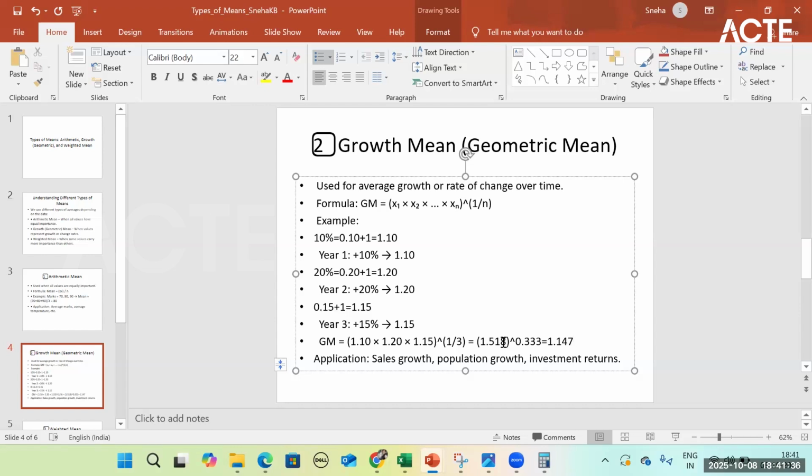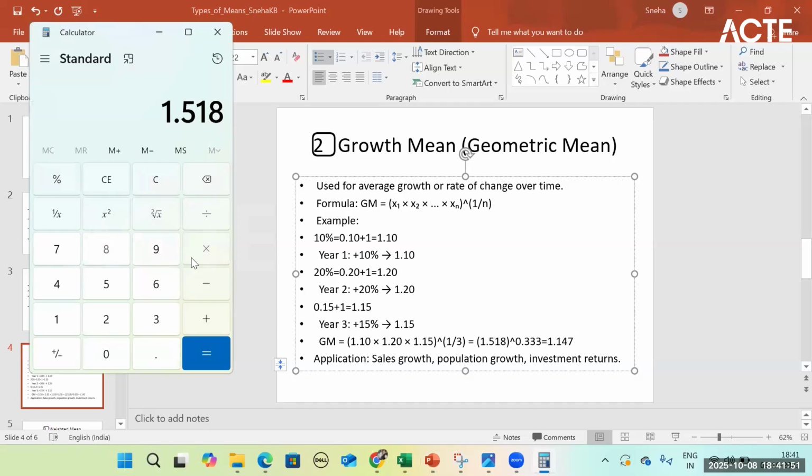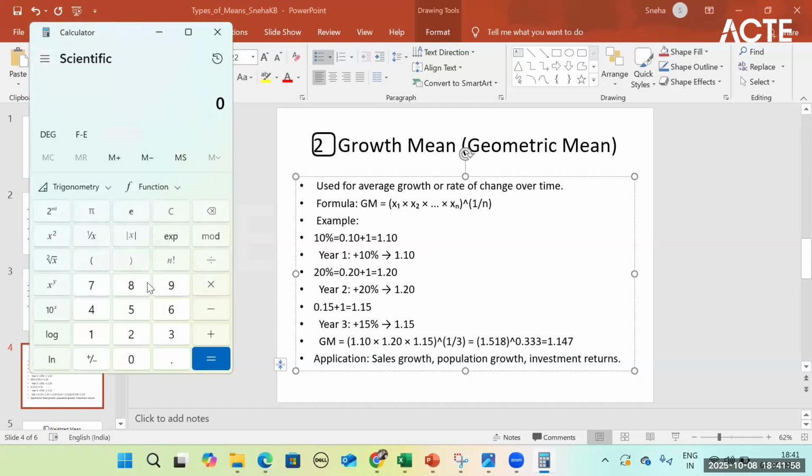No, power, I'm telling. Power of 0.333. 1.518 to the power of 0.333. So if I say the calculator over here, there is no power symbol in this.